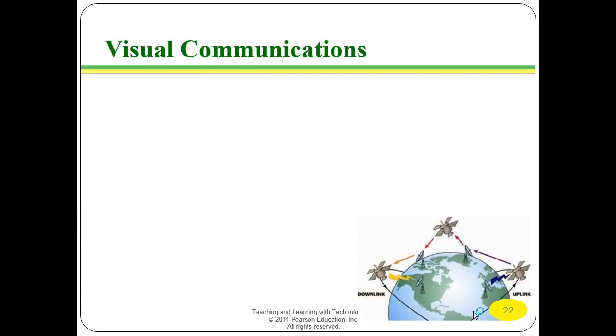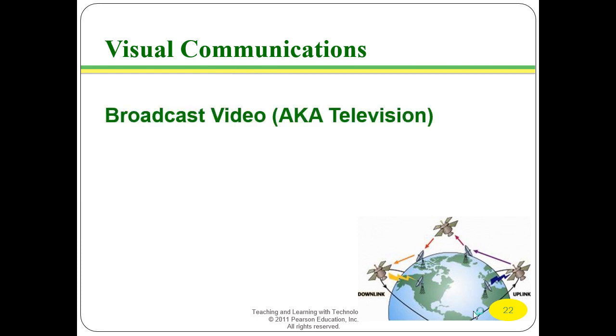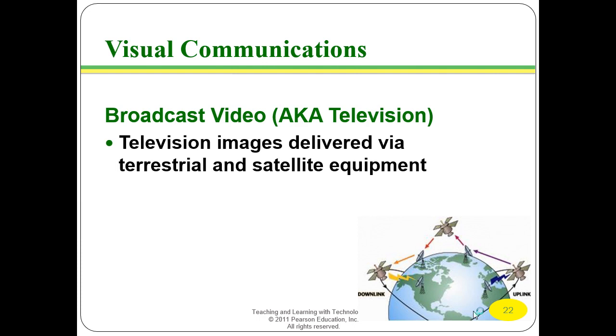And so here's an example of our broadcast video, which is also known as television. And so TV images are delivered via terrestrial and satellite equipment. So you can see how you have yourself an uplink right here.